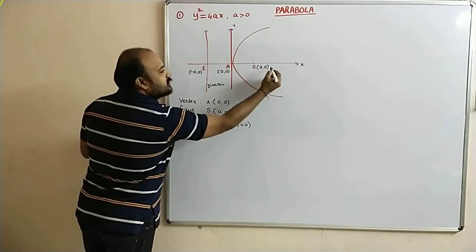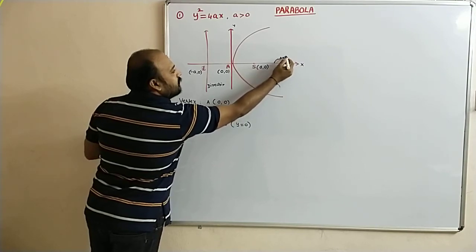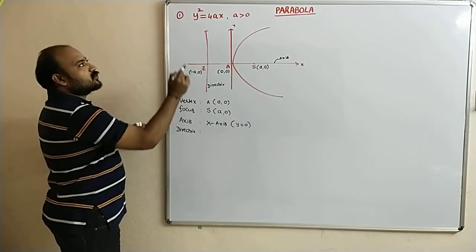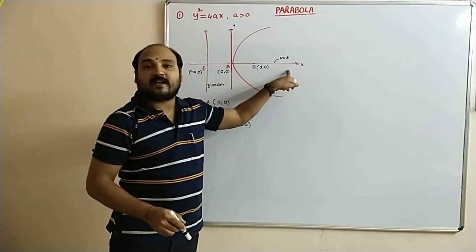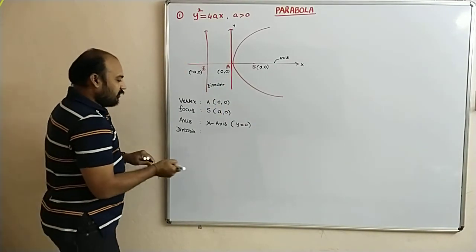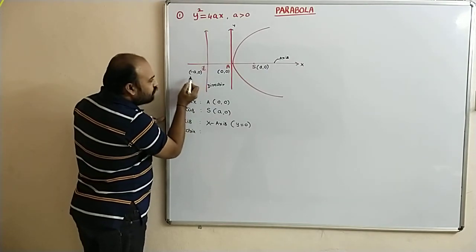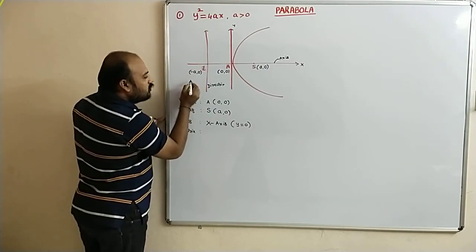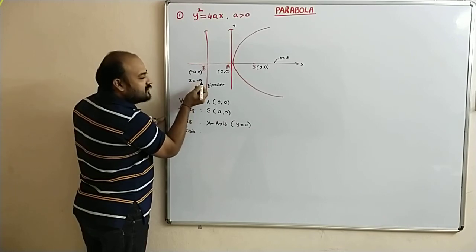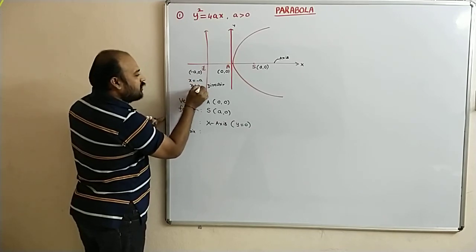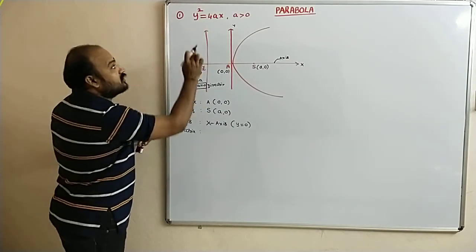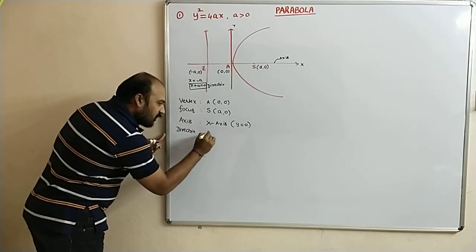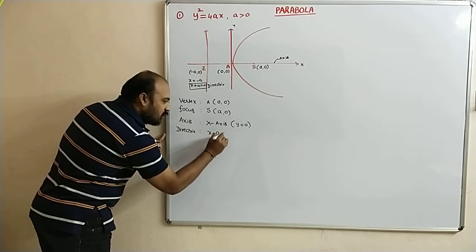Y square equal to 4ax is the equation of a parabola whose axis is the x-axis. The directrix equation here, x is equal to minus a, no? x is equal to minus a, we can take this side, x plus a equal to 0. This is called the directrix equation of the parabola y square equal to 4ax. x plus a equal to 0.